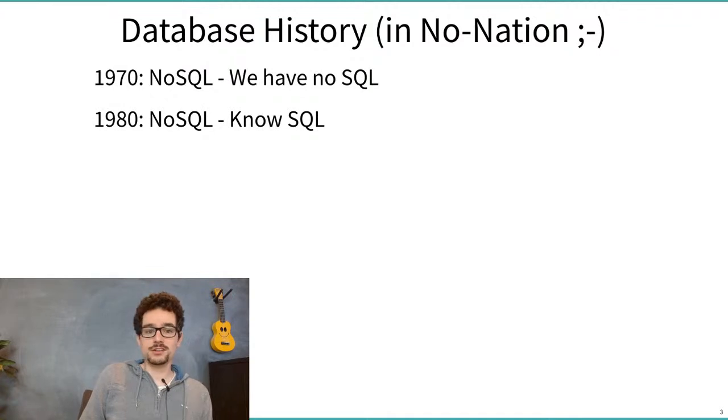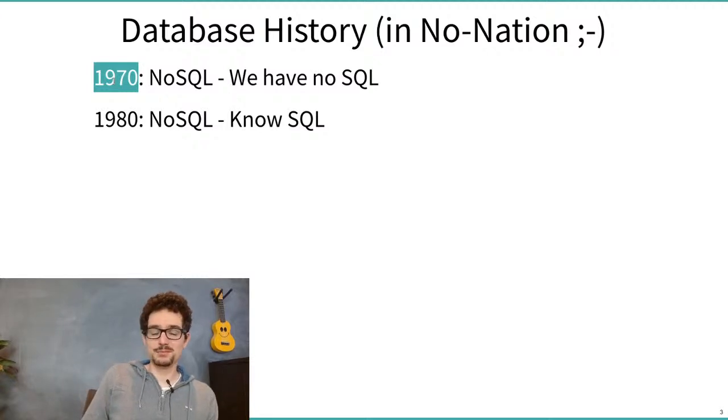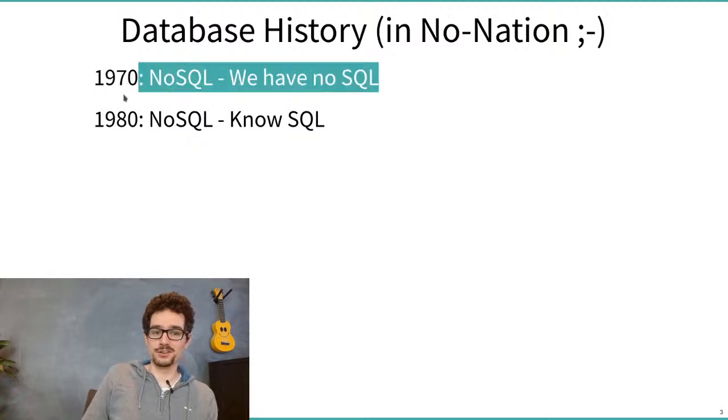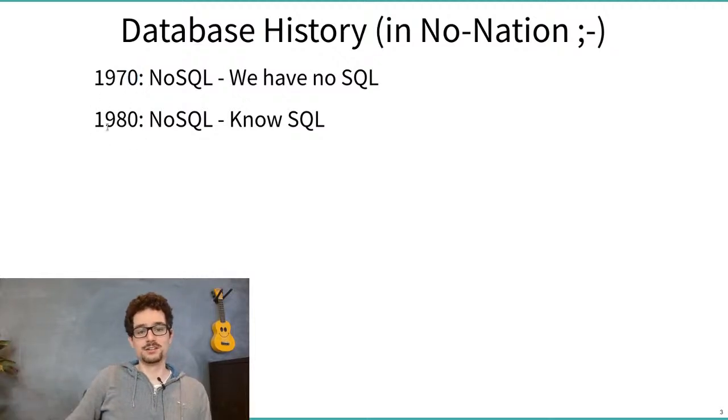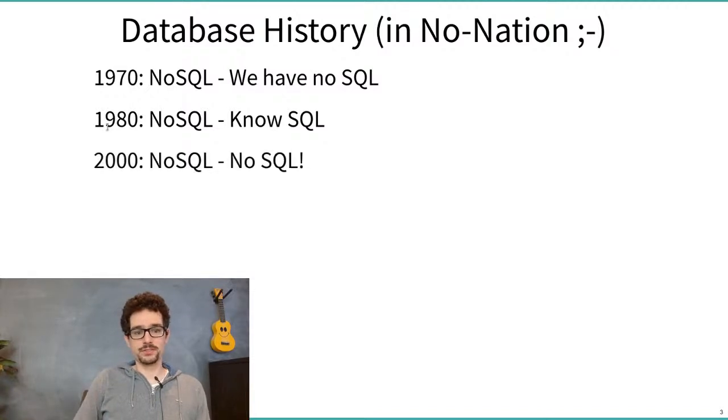Basically, the language SQL was already there in 1970, maybe 71 or something. It was not yet so popular. But in 1980, the people could say, we know SQL. In the 2000s, there was this hashtag or buzzword, NoSQL.